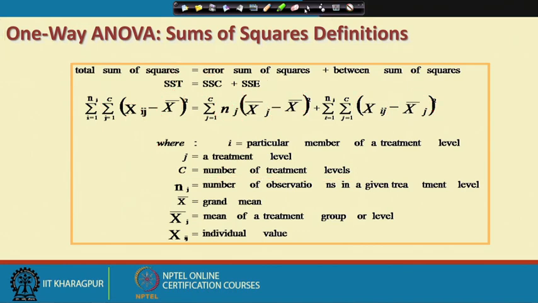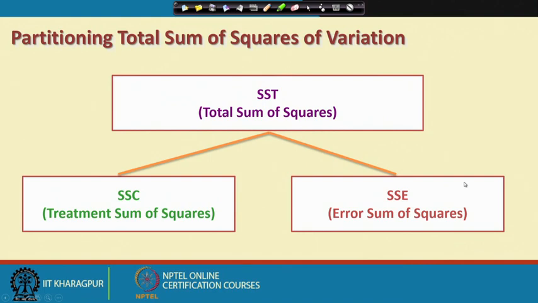Okay. So, now corresponding to this, let us check exactly what the concept is. What we have already discussed: SST equals SSC plus SSE, that is, total sum of squares equals treatment sum of squares plus error sum of squares. This is a different kind of concept, but the typical structure is that the total variance is nothing but within variance plus between variance.